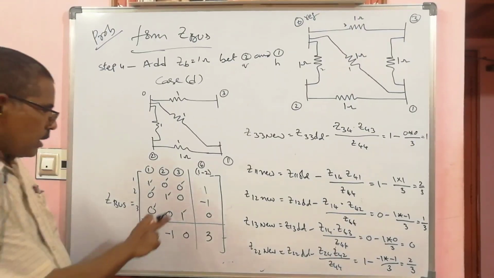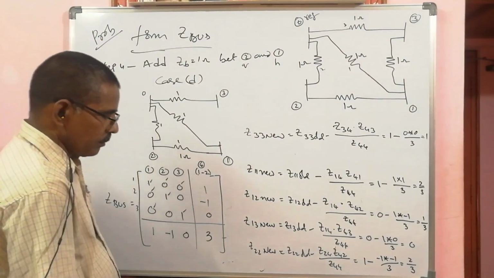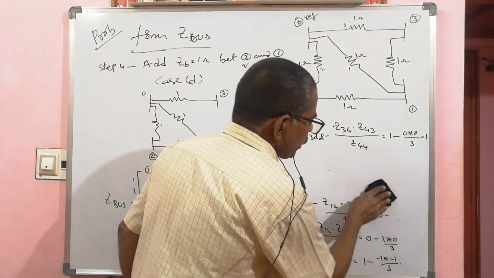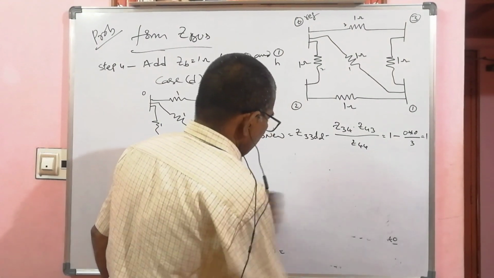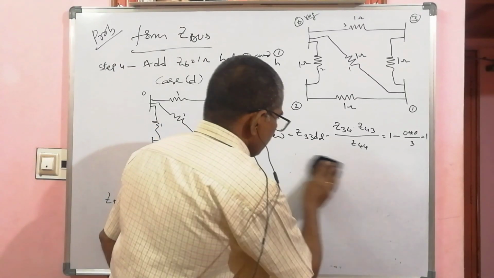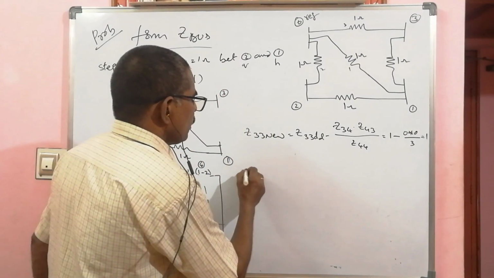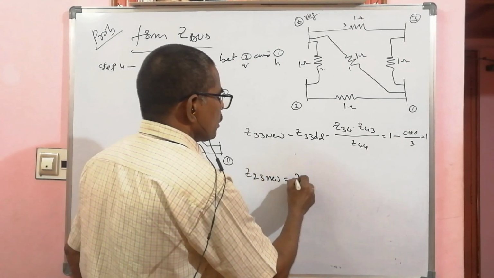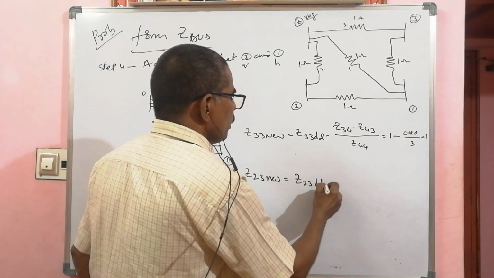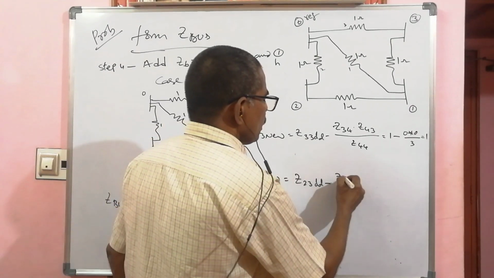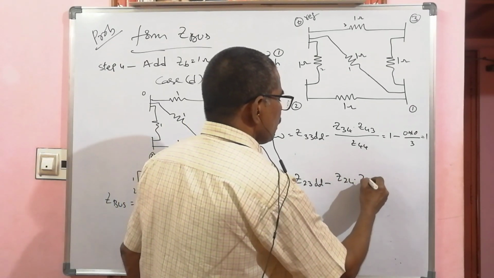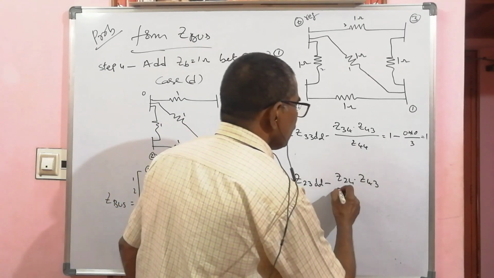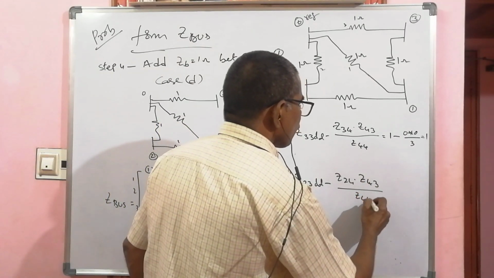Right. Then Z23, only that is left. Z23 and Z32 are anyway the same. Z23 new is Z23 old minus Z24 Z43 divided by Z44.